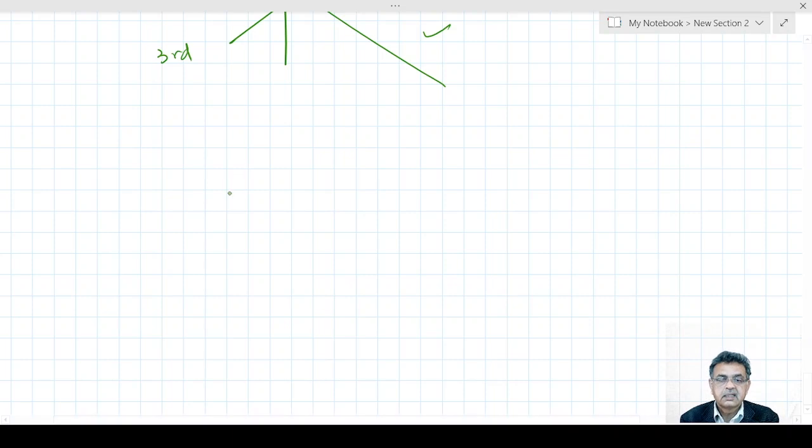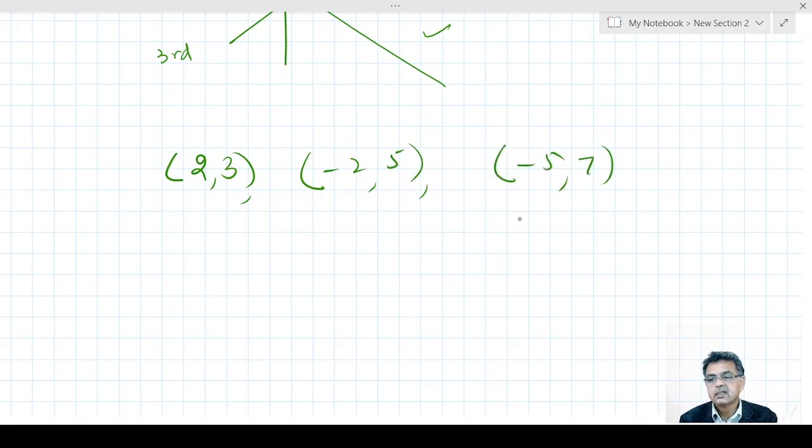Now again, relating tangent to the coordinates, if there is a point in the first quadrant, this is in the second quadrant, there is a point in the third quadrant, and if there is a point in the fourth quadrant, like 4, minus 3, in the third quadrant both of them will be negative.